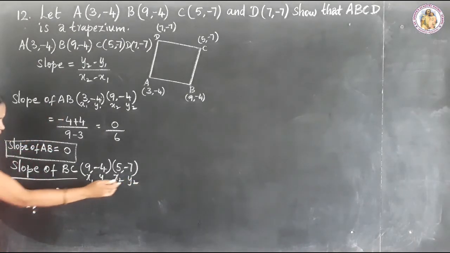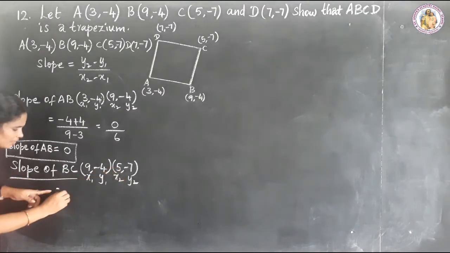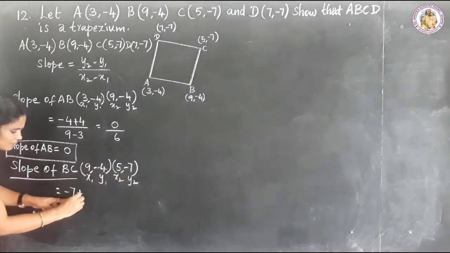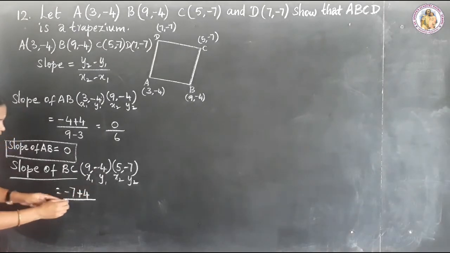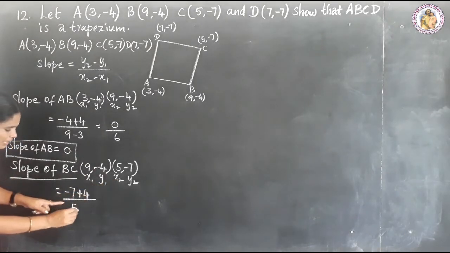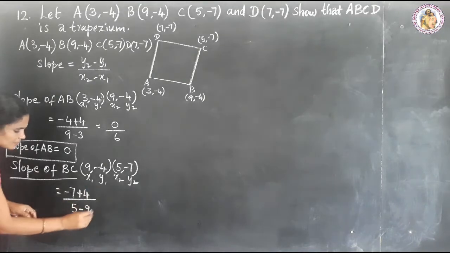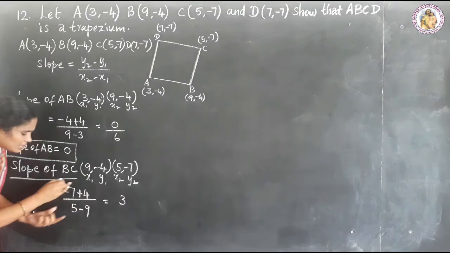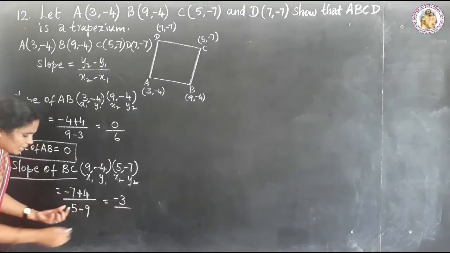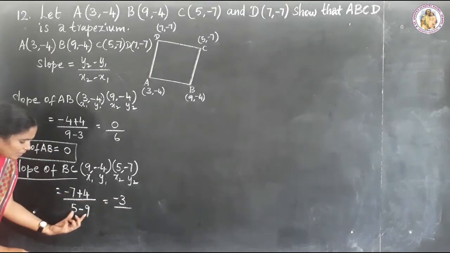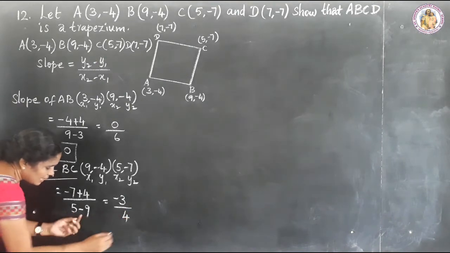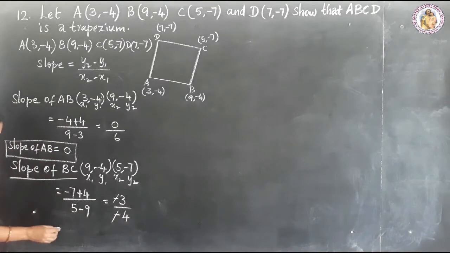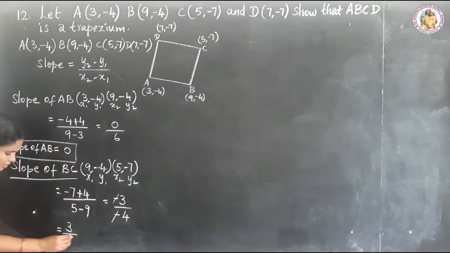Now y2 minus y1: minus 7 minus y1, which is minus, so when it comes here it becomes plus 4, divided by x2, that is 5 minus 9. 7 minus 4 is 3, with 7 greater, so minus 3. 5 minus 9 is 4, with 9 greater, so minus 4. Minus minus cancel, so the slope of BC is 3 by 4.